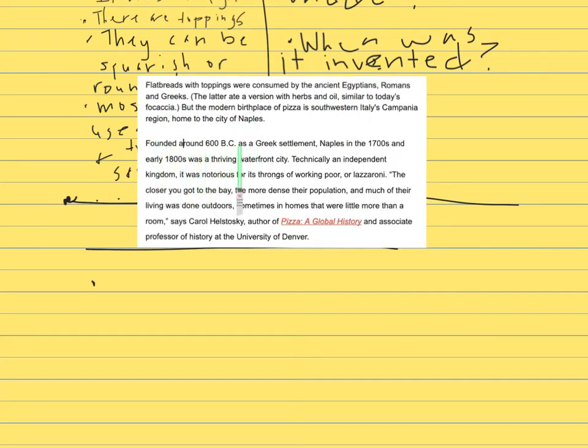Founded around 600 BC as a Greek settlement, Naples in the 1700s and early 1800s was a thriving waterfront city, technically an independent kingdom. It was notorious for its throngs of working people, or lazzaroni. The closer you got to the bay, the more dense their population. And much of their living was done outdoors, sometimes in homes that were little more than a room, says Carol Helstosky, author of Pizza: A Global History, and associate professor of history at the University of Denver.